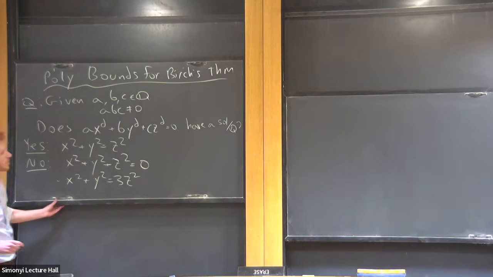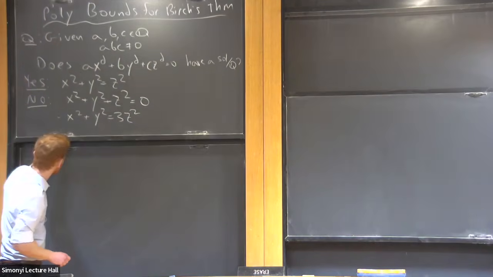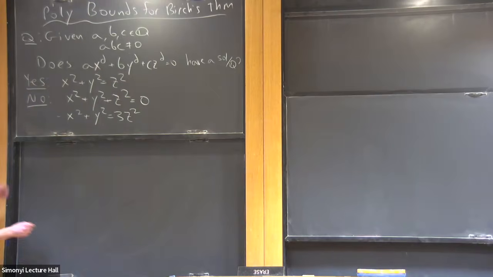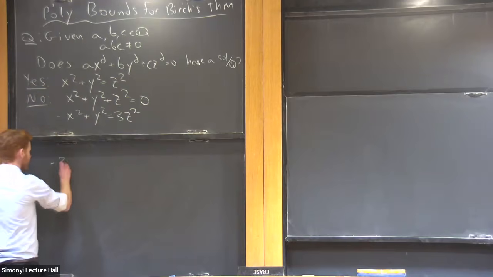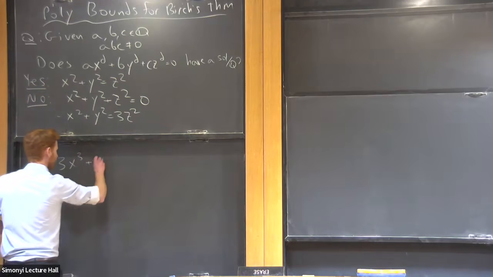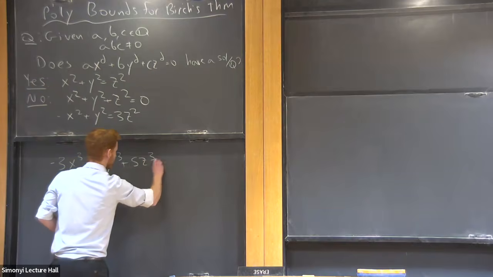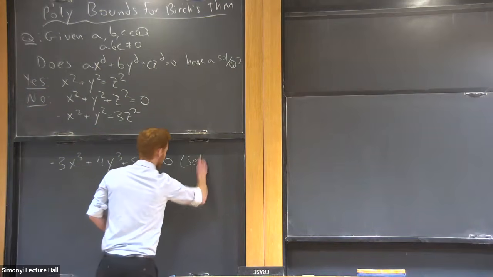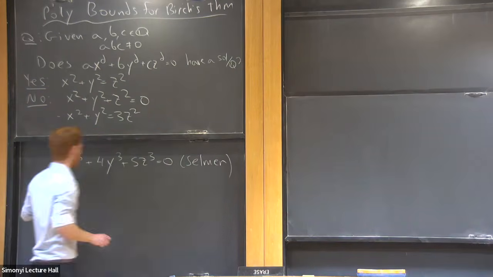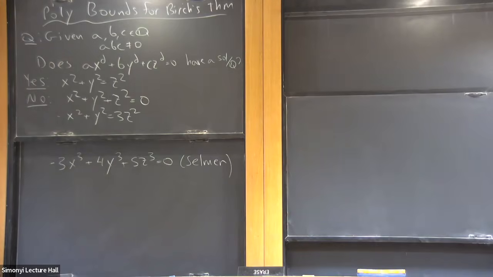There's also examples where you don't have solutions for more interesting reasons. Here's a famous example of Selmer, where there's no local reason for this equation not to have rational solutions, but there is a global obstruction.